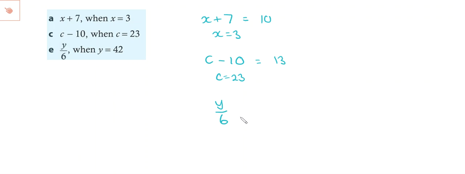So it's y divided by 6. So once I have decided what y is, I need to divide that number by 6. That's my expression. What is y? 42. When y equals 42, I'm going to write it out in full this time, 42 divided by 6, which is 7. So y divided by 6 will be 7.